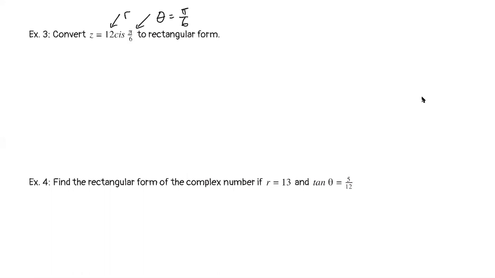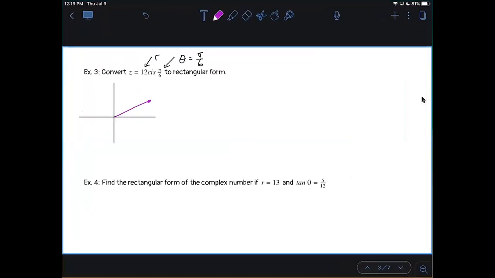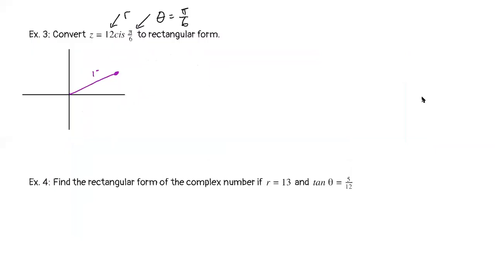So what that means is I have a situation where if I drew the diagram, I would go pi over 6, and then I would go out 12 circles, and so that would give me a point like right about here, where the hypotenuse is 12. And this angle is pi over 6, okay?